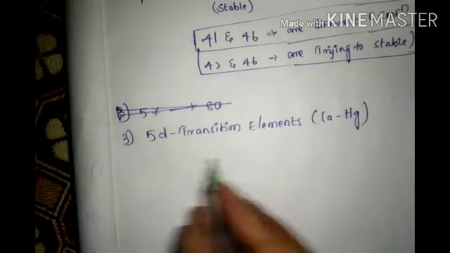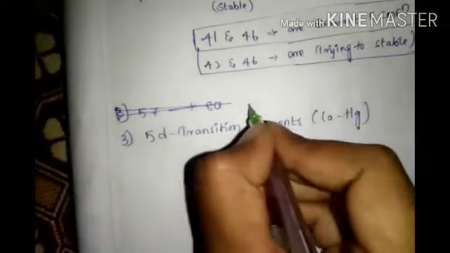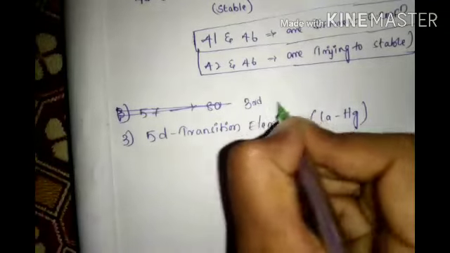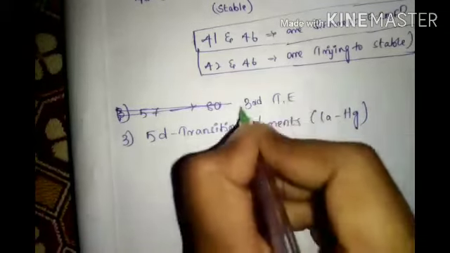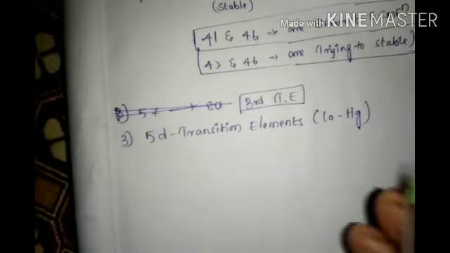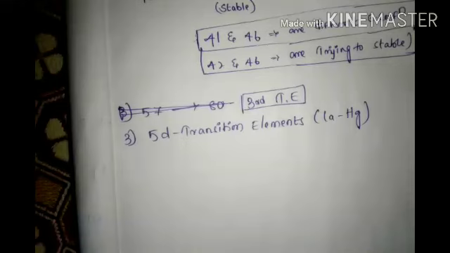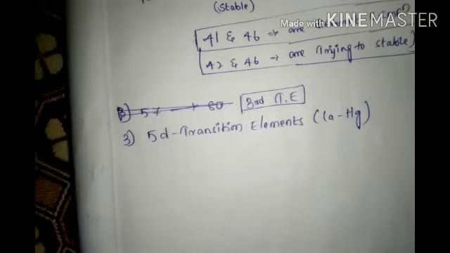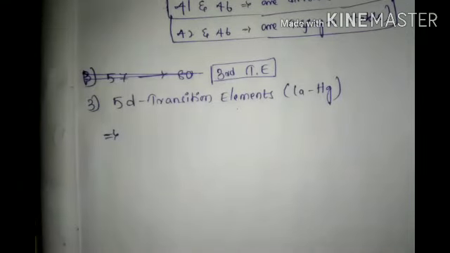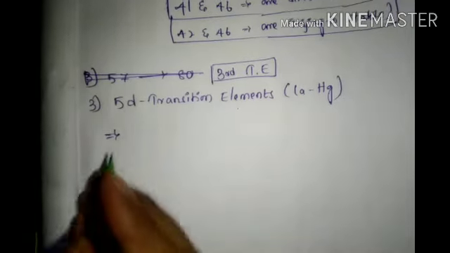Third transition elements. These are the names, 1, 2, 3, lanthanum to mercury series. Right. First point, 5d transition elements.